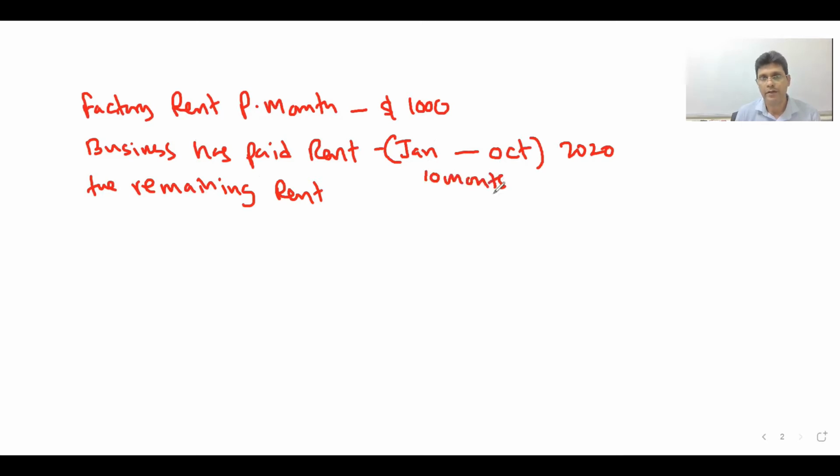So 10 months rent was paid in cash, and the remaining rent was paid in, let's say, February 2021.